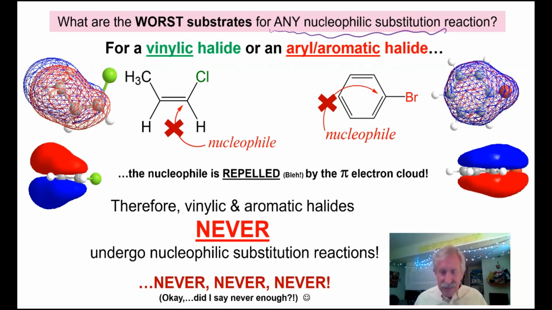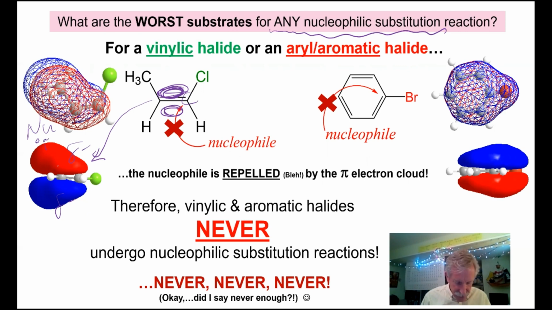And now you can see, I never want to put it on a carbon that has a pi bond. Look at all these beautiful renditions of all this electron density. Can you even imagine trying to get a nucleophile to do a backside attack through this pi bond to get to that carbon? Never, never, never.